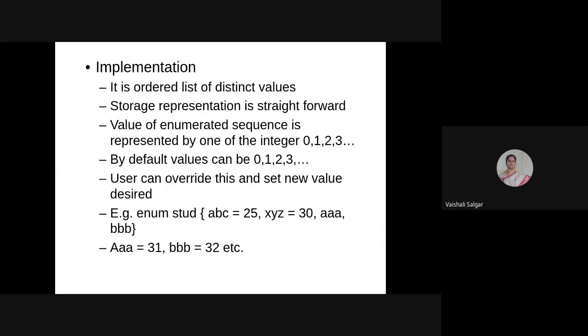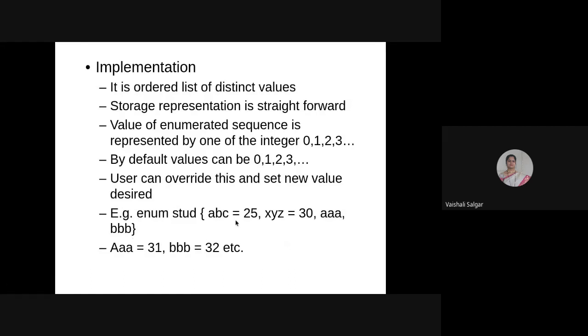But by default, if you are not specifying any value, it will start from 0 and be in incrementing order, that is 0, 1, 2, 3, like that. If you want to override this feature and set a new value for your variable, then enum stud abc is equal to 25, xyz is equal to 30, and I have not given any value for the remaining two variables.